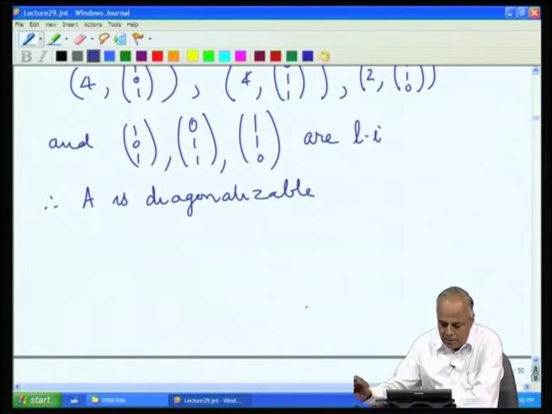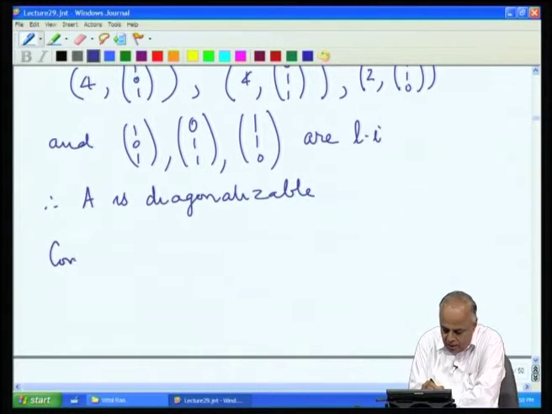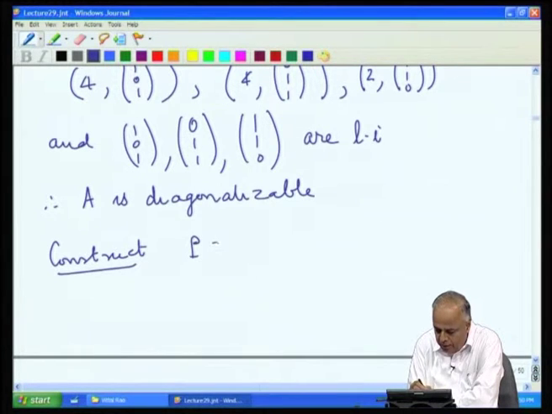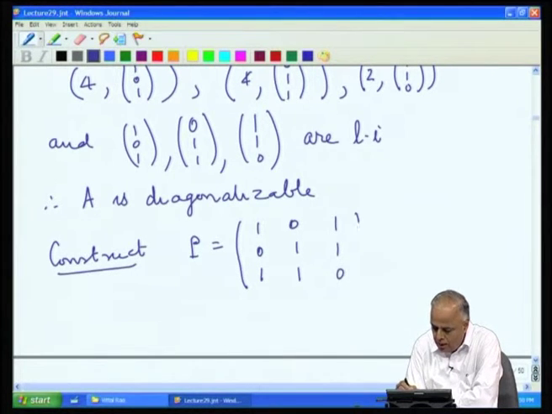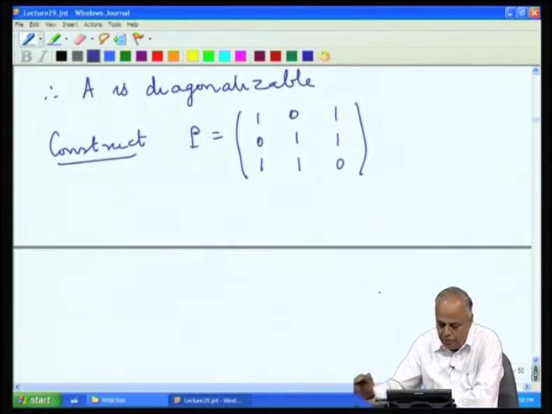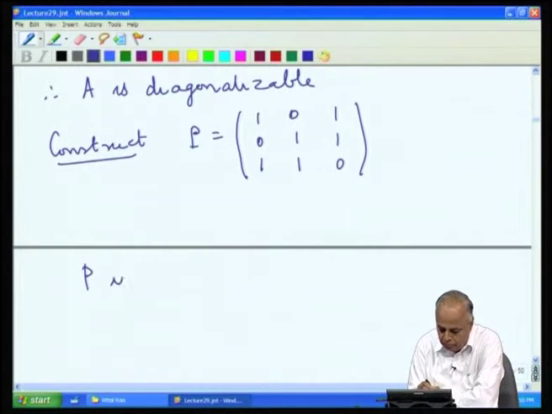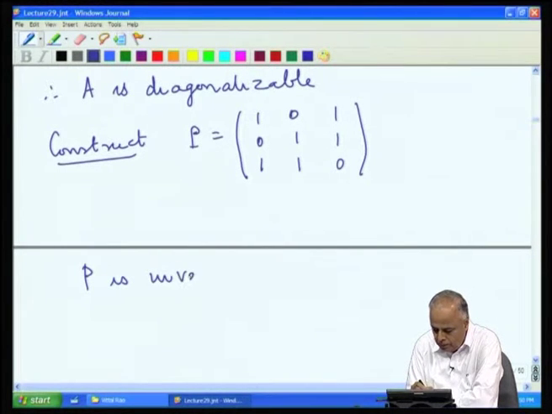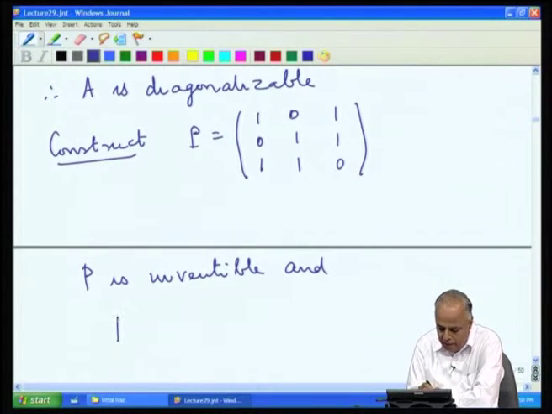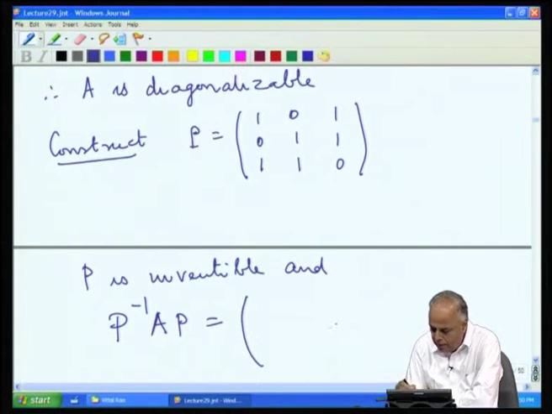What is the diagonalizing matrix? Again we construct P, the matrix consisting of these 3 eigenvectors as columns. Then as before, P is invertible, it can be easily verified, and we can verify that P inverse A P must be a diagonal matrix.